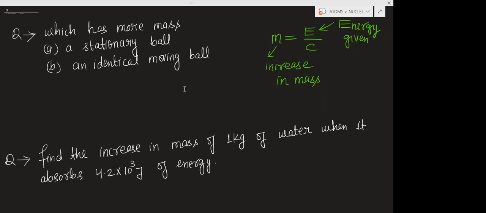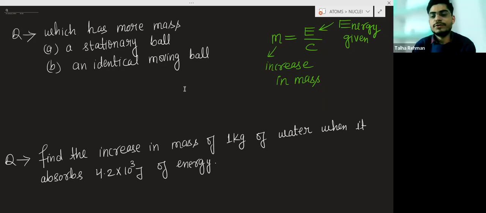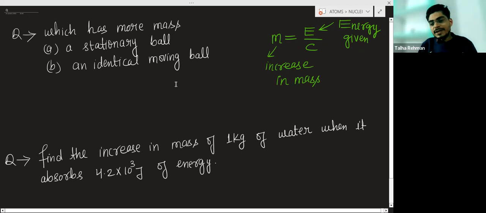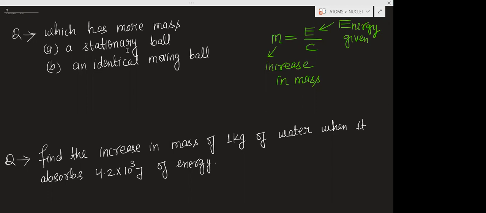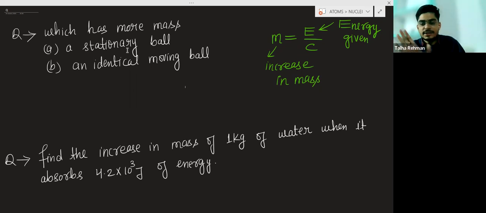Sir, an identical moving ball. Very good, Hamza, very good. The reason is that the moving ball will have kinetic energy and a stationary ball will not have energy. Speed also matters, yes, of course. That is also right.